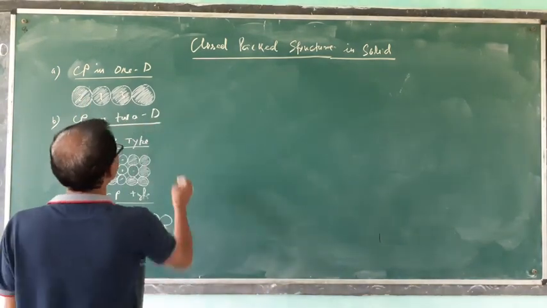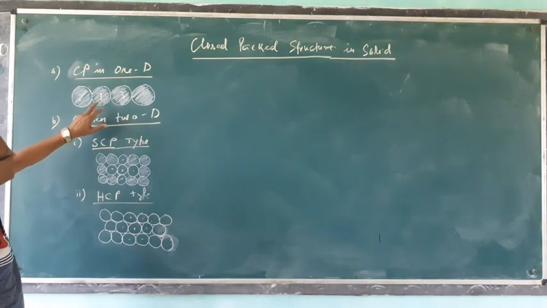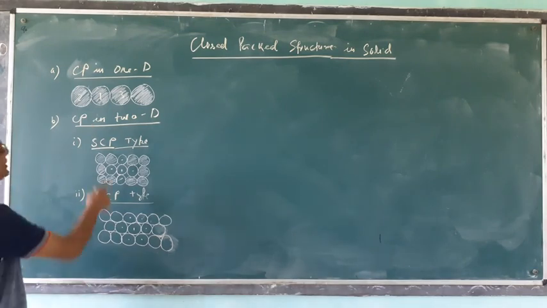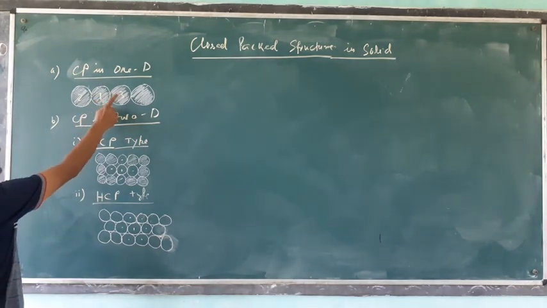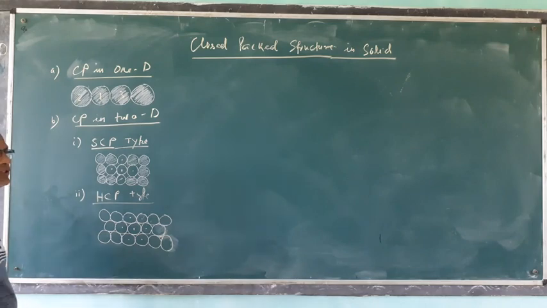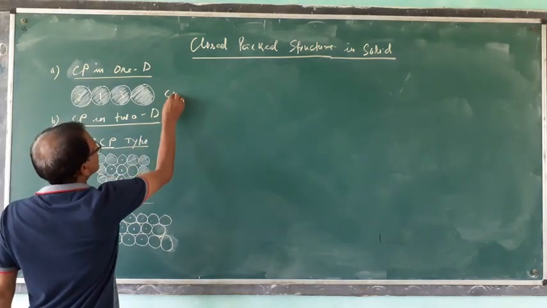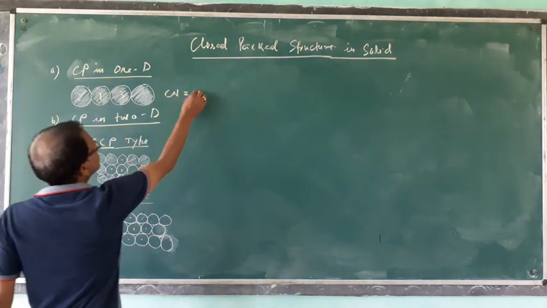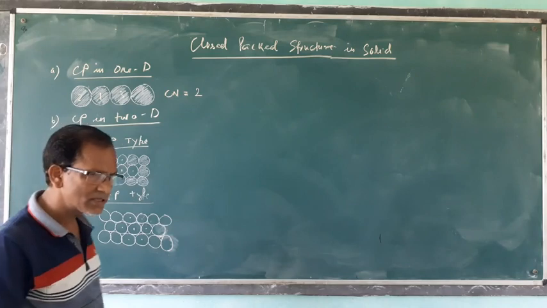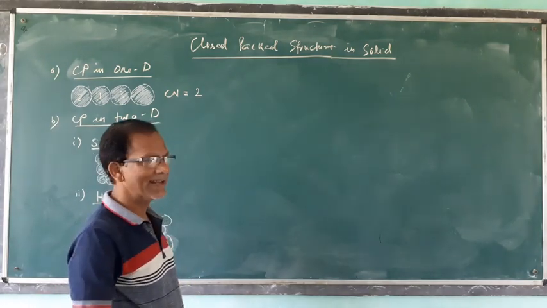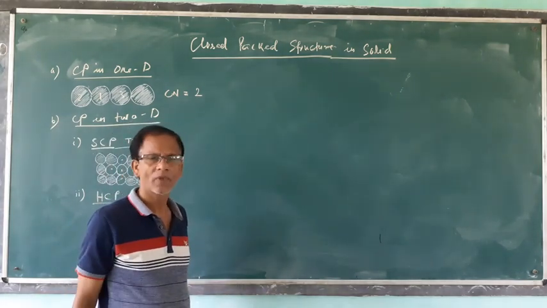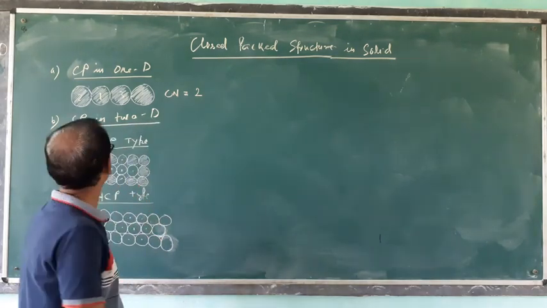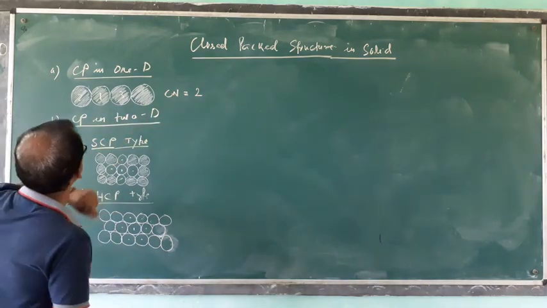That's why we can say the coordination number of this type of packing is 2. Coordination number means the number of spheres directly touching a particular sphere. Here the coordination number will be 2.